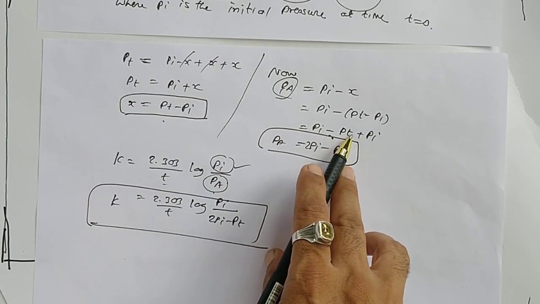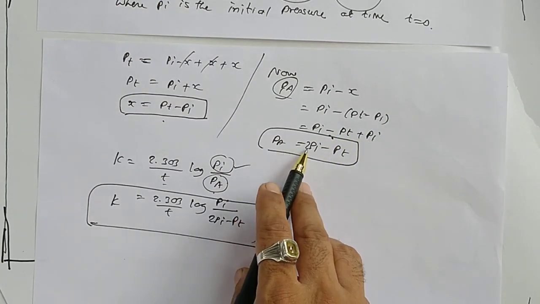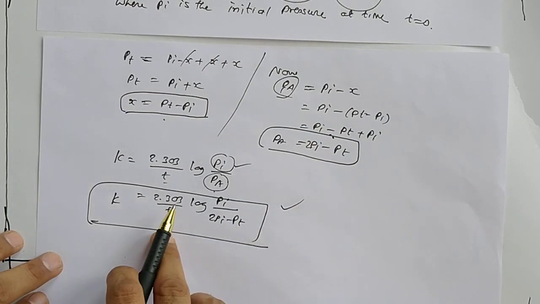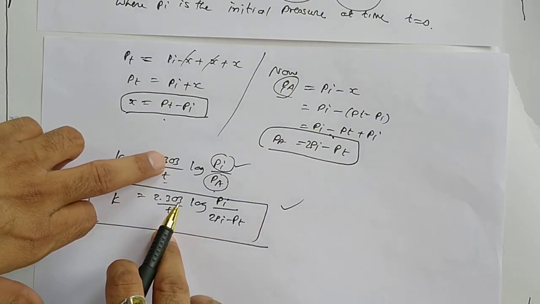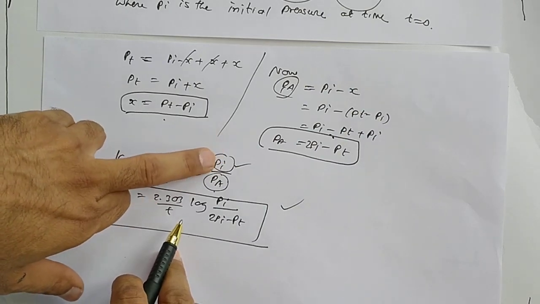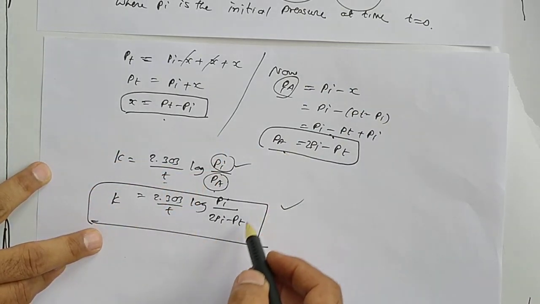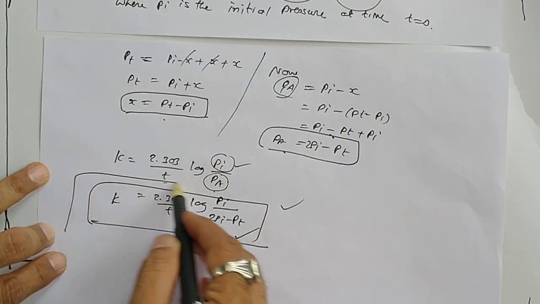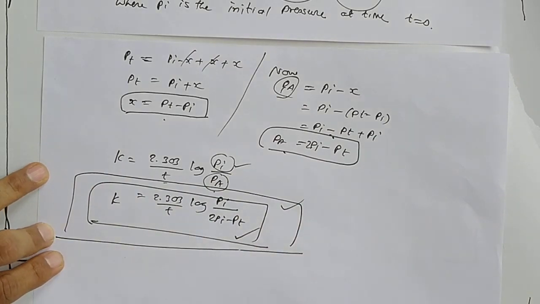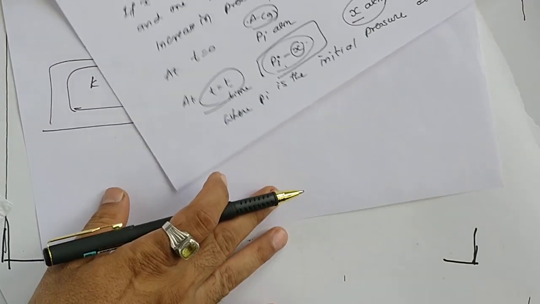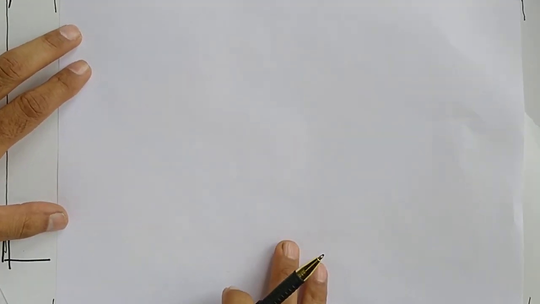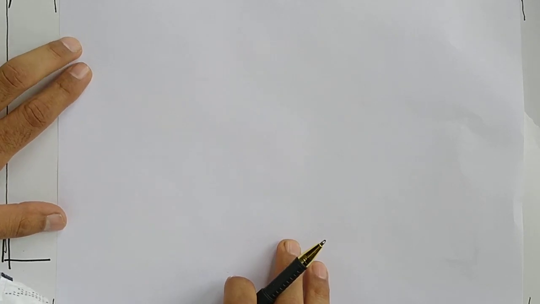So Pi minus Pt plus Pi, so 2 Pi minus Pt. For a first order reaction, K is equal to 2.303 upon T log Pi upon Pa. The value of Pa is taken here. Understood? Now example number 4.6. Next example 4.6.